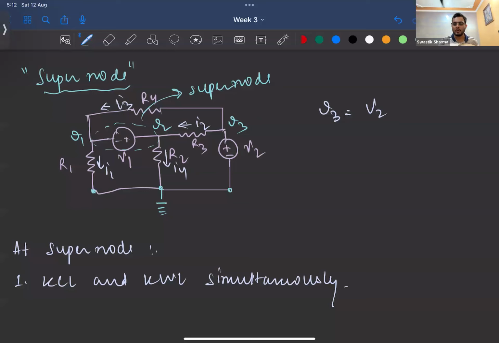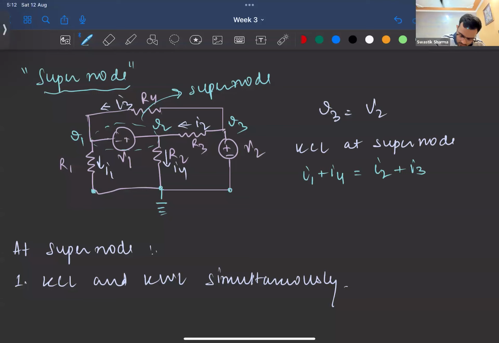So for this supernode, we want to check how much current is entering that supernode and how much is leaving. I1 and I4 are leaving, and I2 and I3 are entering that supernode, right? So that's how we write it.